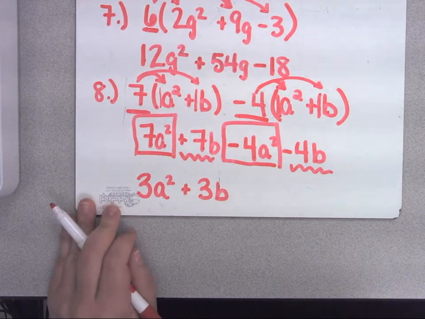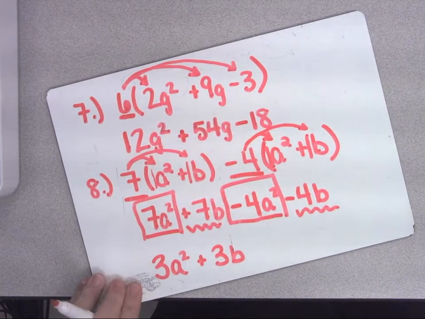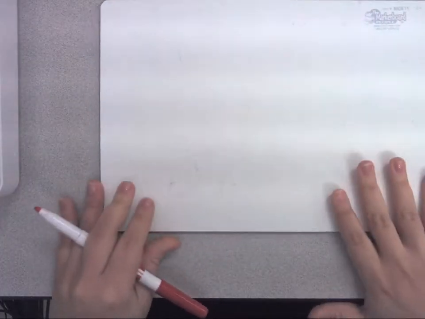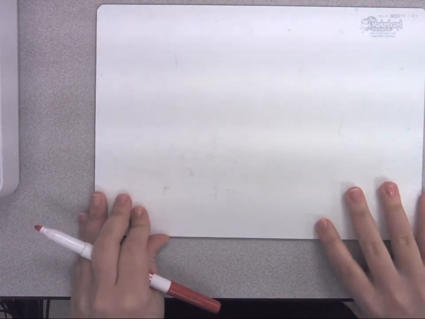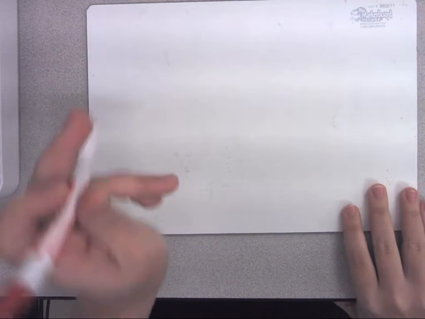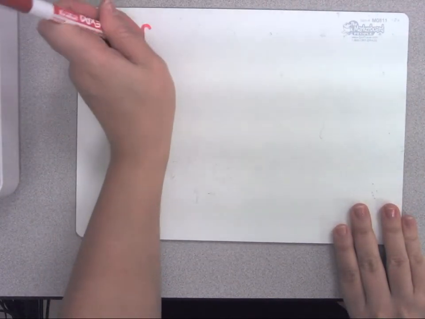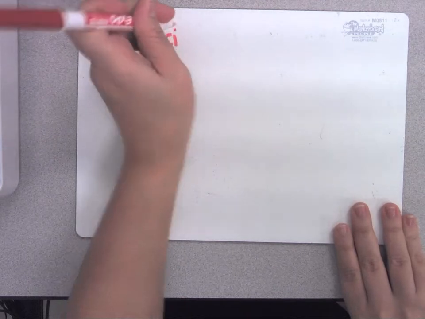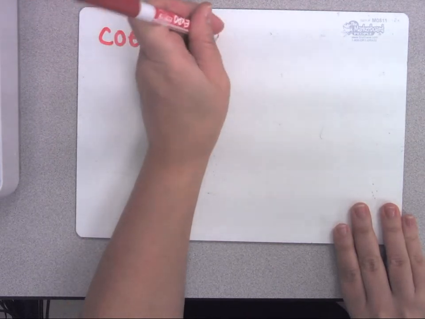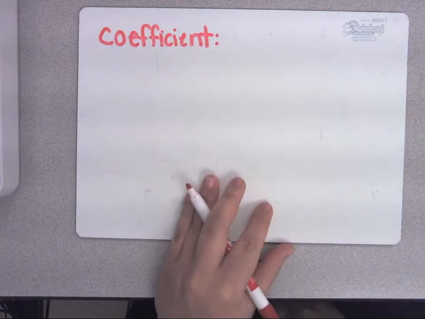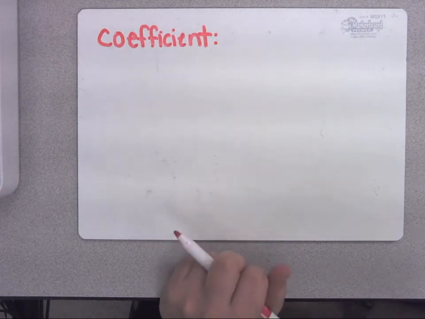Let me move boards. I need my third board. Okay. Next, I'm gonna give you another vocabulary word. Next word is coefficient. Right? Okay.